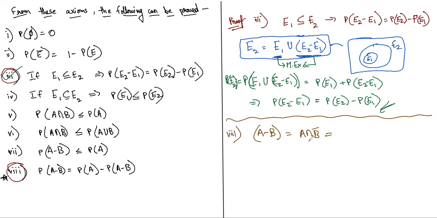See the problem, are these two mutually exclusive? No, sir. नहीं है ना तो और थोड़ा सोचिए. In the question you have written P of A minus B is equal to P of A minus P of A intersect B.